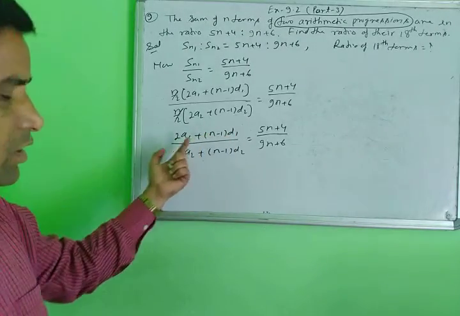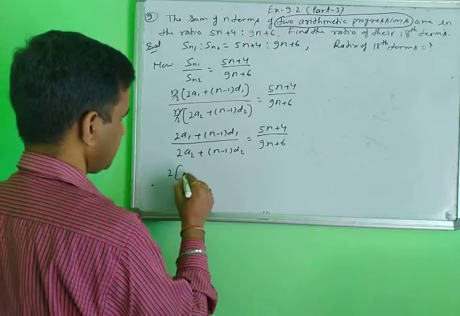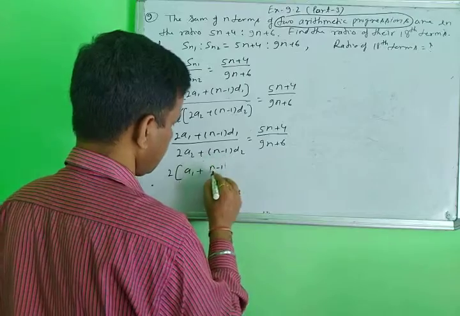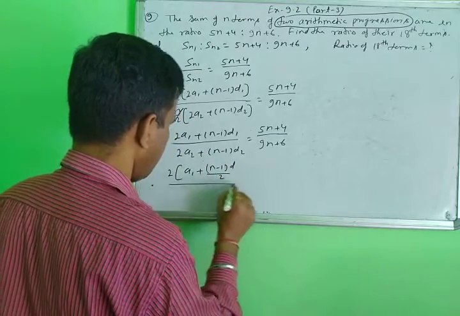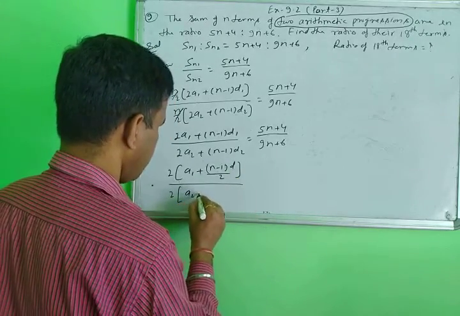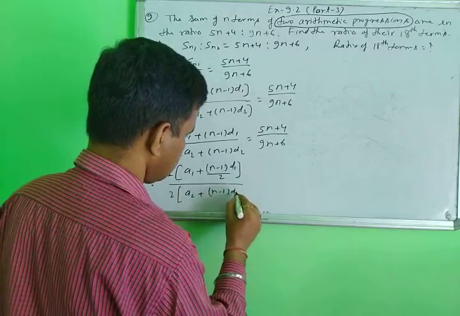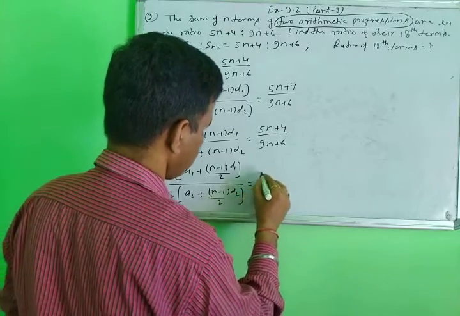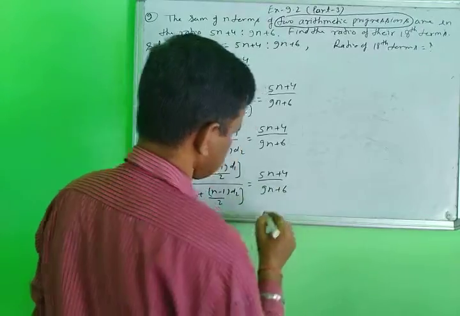After that you take 2 common here, and 2 common in the other. What is left is A1 plus n minus 1 upon 2 D1, and A2 plus n minus 1 upon 2 D2, equal to 5n plus 4 upon 9n plus 6.